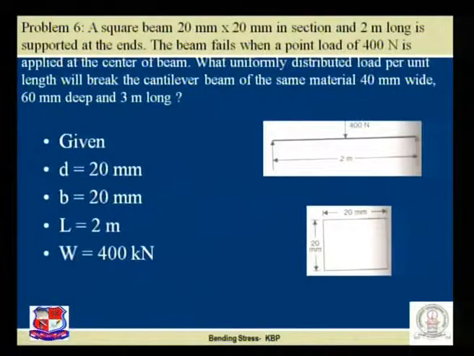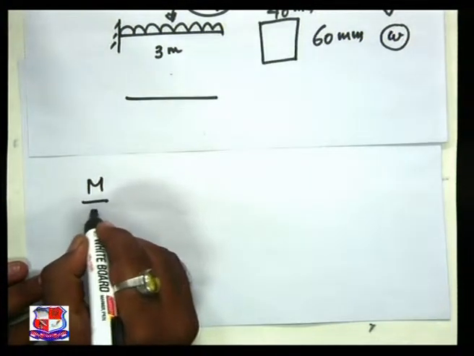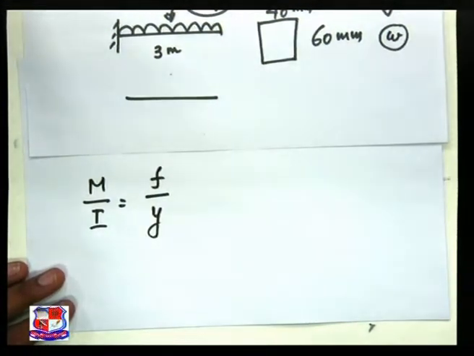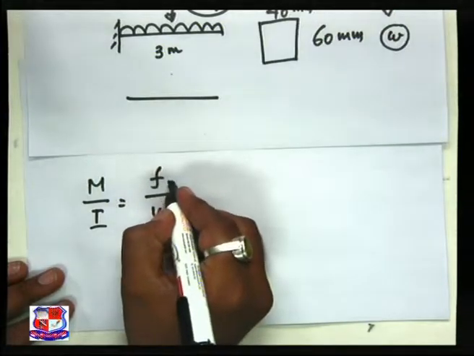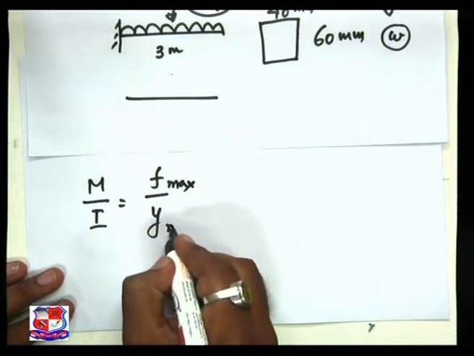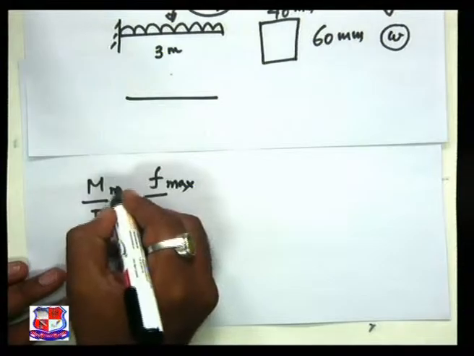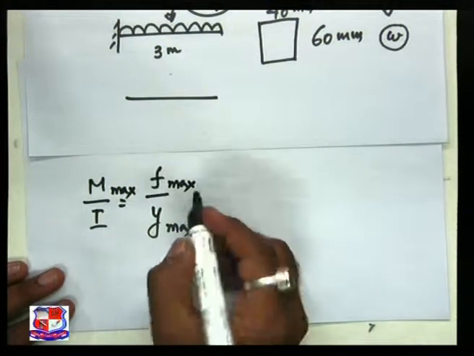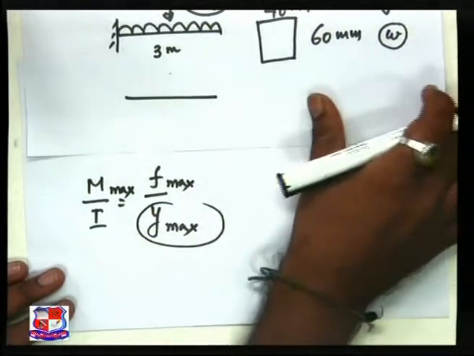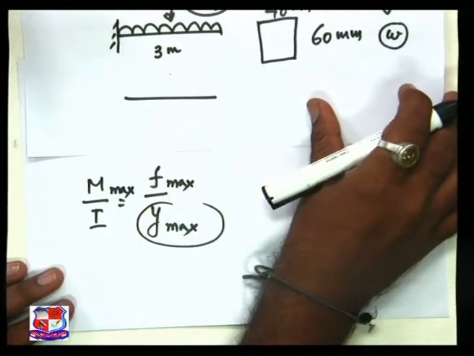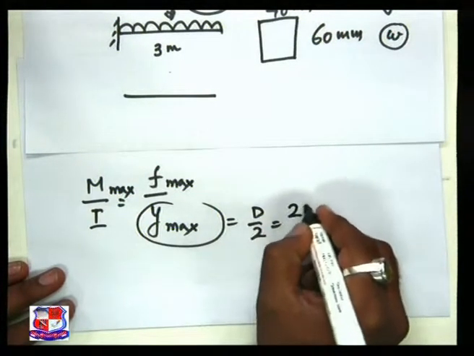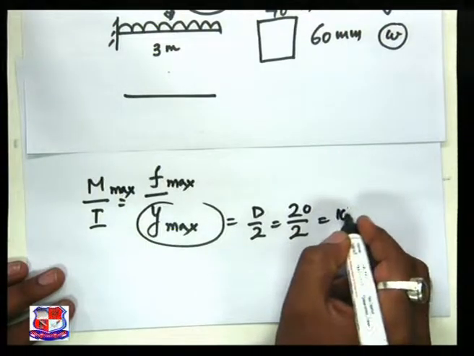Now see the basic equation, M over I is equal to F over Y. This F is maximum, Y is also maximum, M is also maximum. Now Y max we can find out as d by 2, 20 by 2, 10 mm.